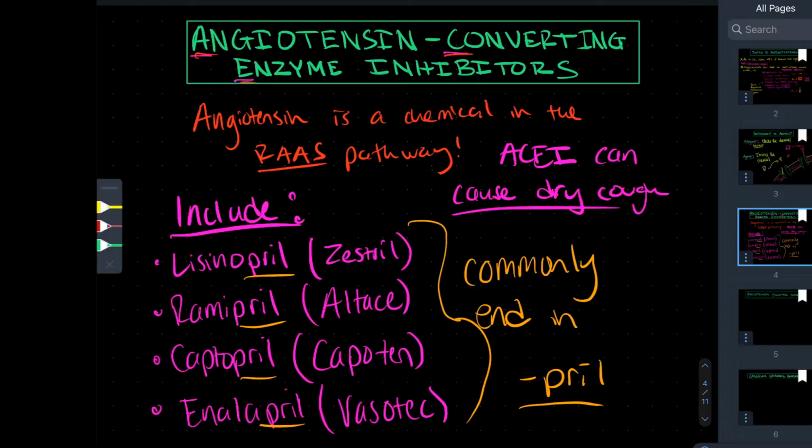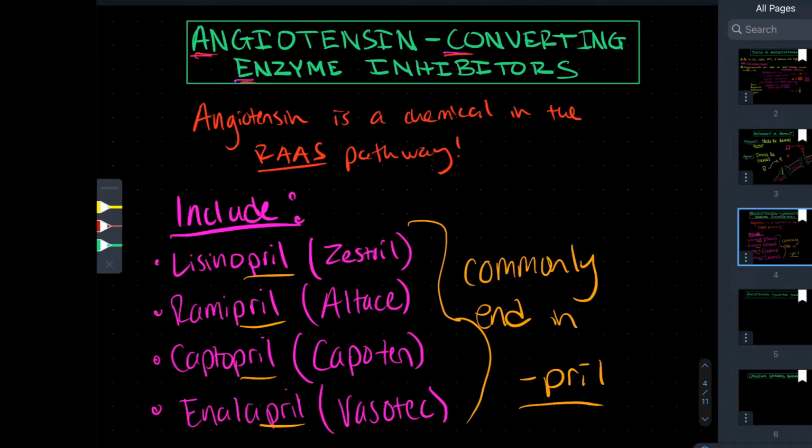It's just good knowledge to know that it's a common reason that people get off of it and switch to one of the other meds that we're going to talk about. But ACE inhibitors are generally some of the first line blood pressure medications we use.